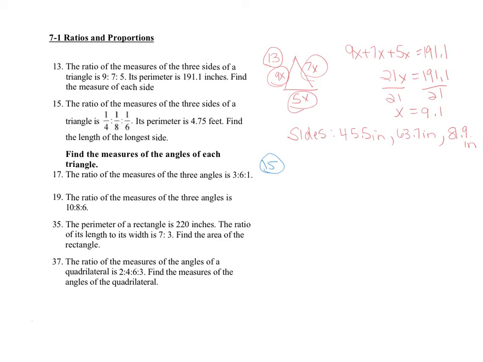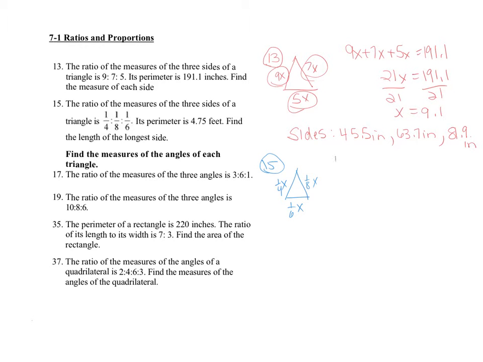All right, looking at number 15. The ratio of the measures of three sides of a triangle is 1/4, 1/8 to 1/6. Its perimeter is 4.75 feet, and it asks us to find the length of the longest side. So here's our triangle, and we've got 1/4 x and 1/8 x and 1/6 x.